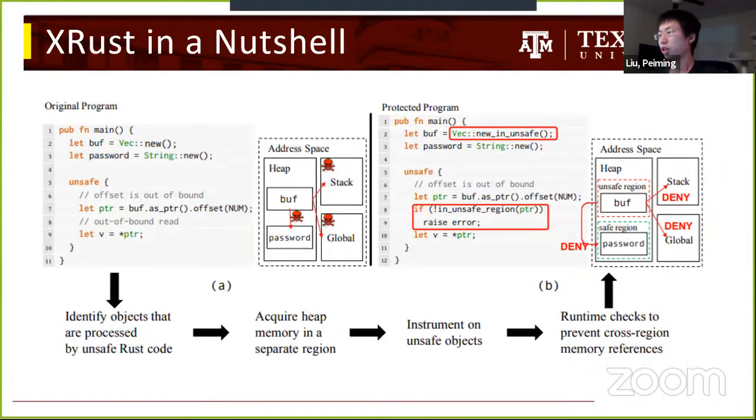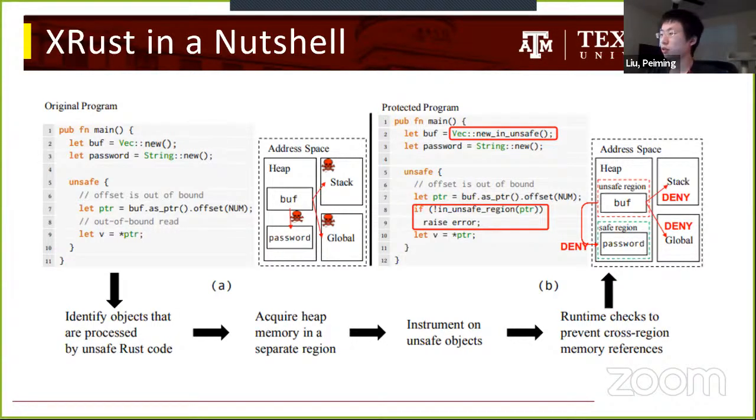As shown in this slide, at a high level, XRust aims to transform the original program on the left-hand side into the protected program on the right-hand side at compilation time. In this example, since the vector named buff is manipulated in unsafe Rust at line 7, it is identified as an unsafe object by XRust.